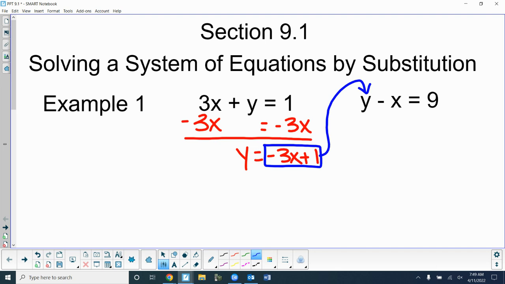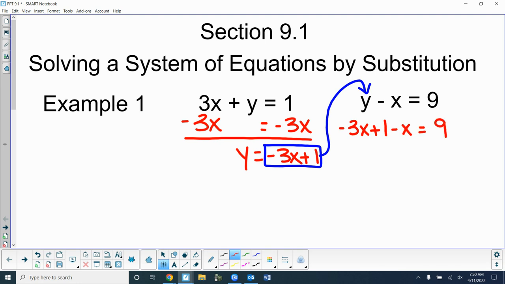That's the first step in the substitution method: get one of the variables by itself and then substitute what you get for that variable into the other equation. So we got Y by itself, so I'm putting that negative 3X plus 1 in place of the Y in the other equation. Instead of Y, I write negative 3X plus 1, and then the rest of it you have to put in: minus X equals 9.